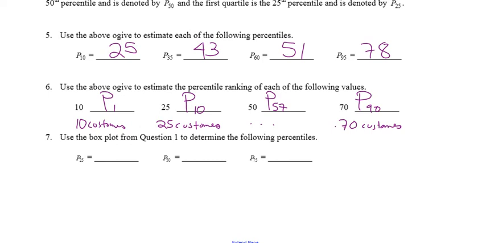First quartile. What's P50? Which is the median. What's P75? Which is the third quartile.